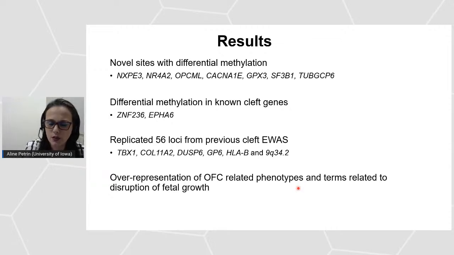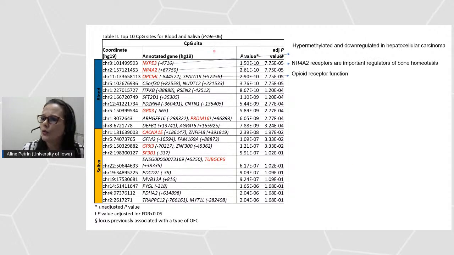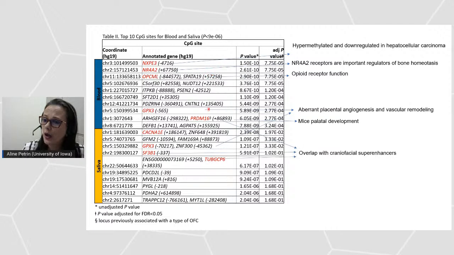And I have just 3 more slides to show you the results very quickly. In this table, I'm showing you the top 10 results for blood and the top 10 results for saliva.